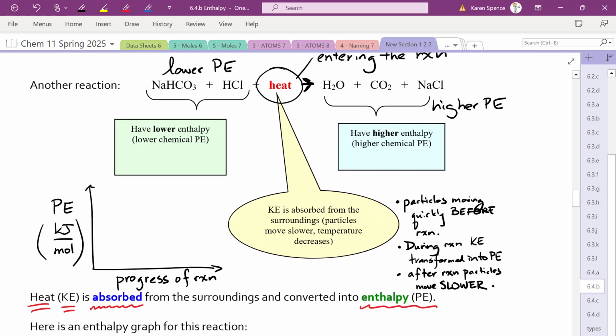Our reactants, we are told that our reactants have lower potential energy. So they're going to start low. Those are our reactants. And then we have our reaction. And then we have our products. I wanted you to think about how you would draw the delta H arrow. How would you draw the change in enthalpy arrow for that?